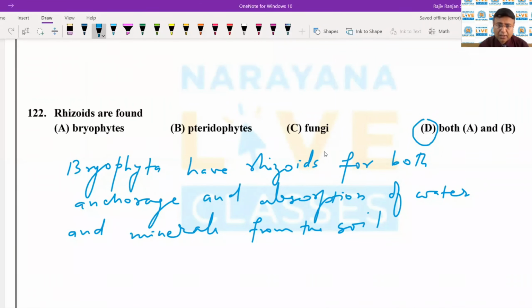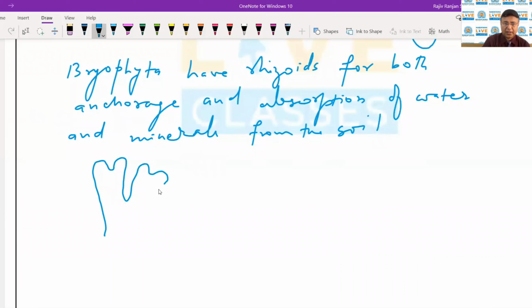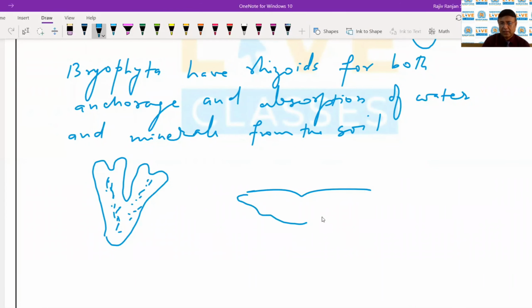So this rhizoid may just look like this. I'm just drawing the figure of the liverworts like Riccia. So they are just found here on the undersurface, or if I just draw an outline of their vertical transverse section, so they are found here.